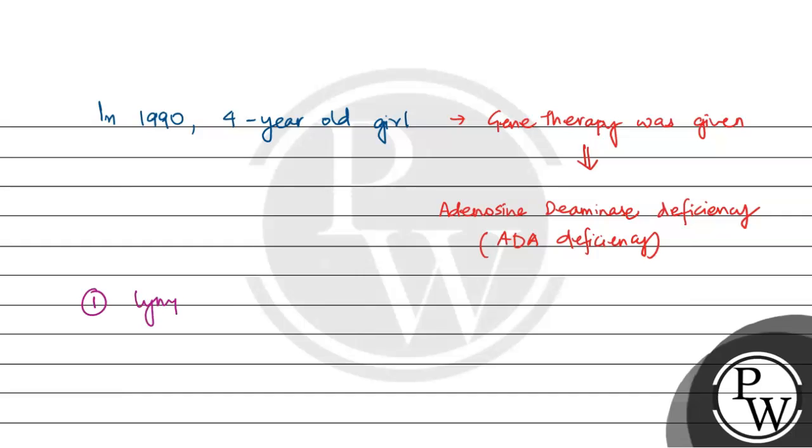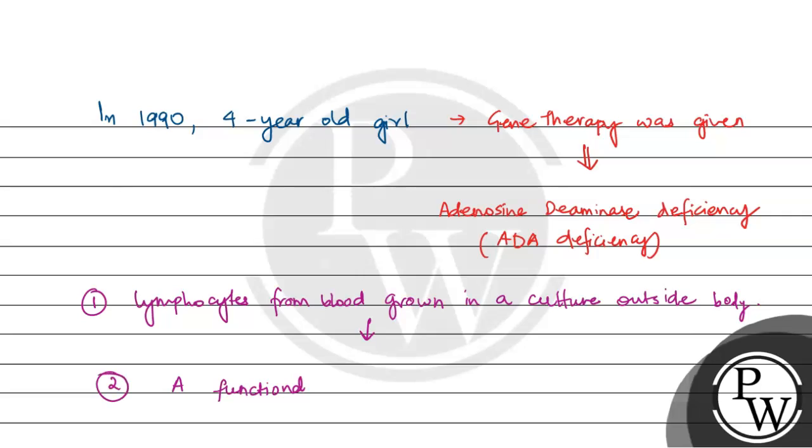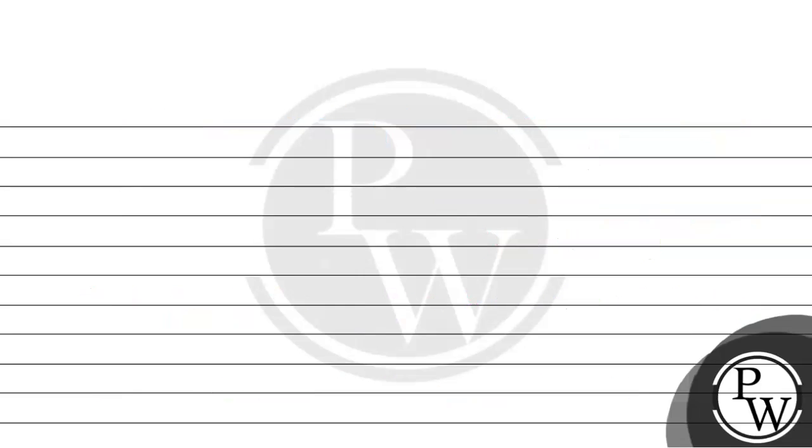प्रोसेस में lymphocytes from the blood, they are taken and grown in a culture outside the body. उनको सेल कल्चर में ग्रो किया जाता है outside the body, and a functional cDNA, which is by using a retroviral vector, it is then introduced into the cells in culture, introduced into the lymphocytes.